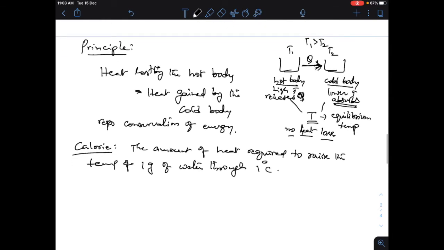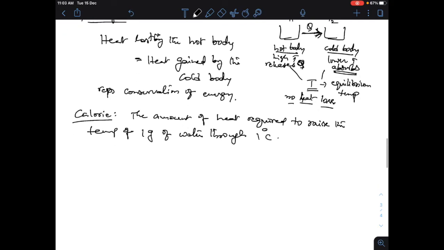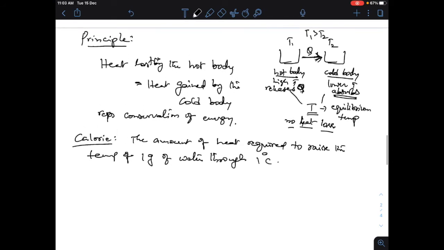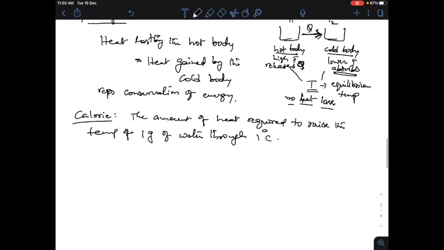So this is how we define a calorie: the amount of heat required to raise the temperature of 1 gram of water through 1 degree centigrade.